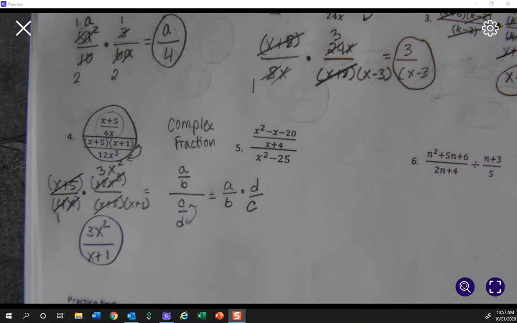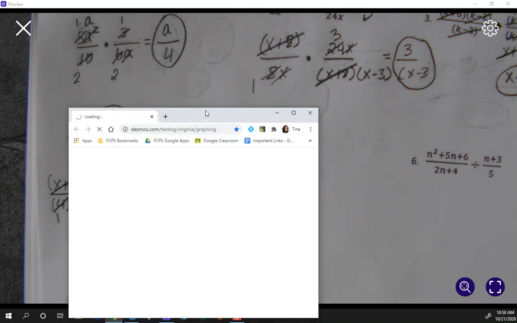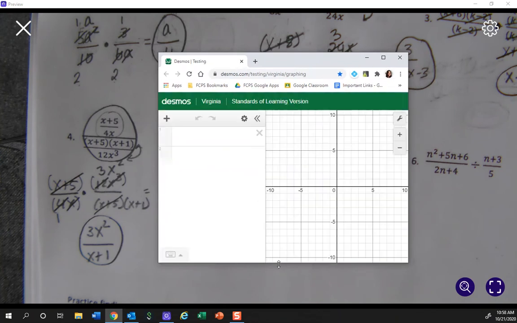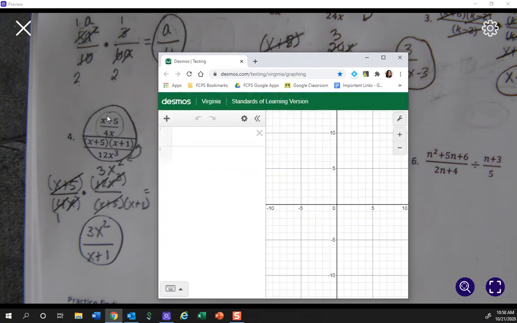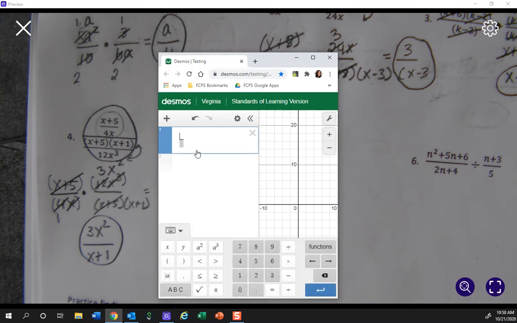Okay, so what you can do here is you can go ahead and check in Desmos to see if these two actually match. So we can go ahead and graph both of these expressions and see if they have the same graph. Now, when you're graphing a complex fraction, what I do is I do a division symbol, so I have a numerator and a denominator.